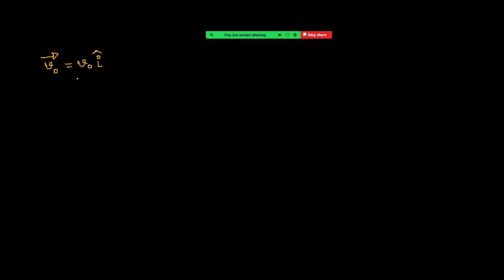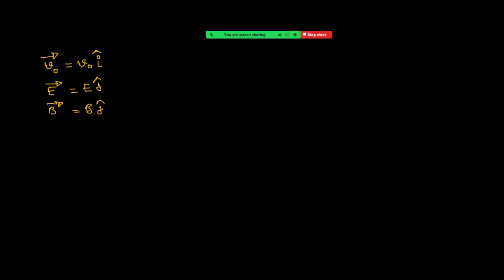This is our choice. Next, E bar and B bar are parallel, and velocity is perpendicular to E bar. Let us take E bar as E times j cap, along the positive y-axis. The magnetic field is also along the same direction, so j cap.